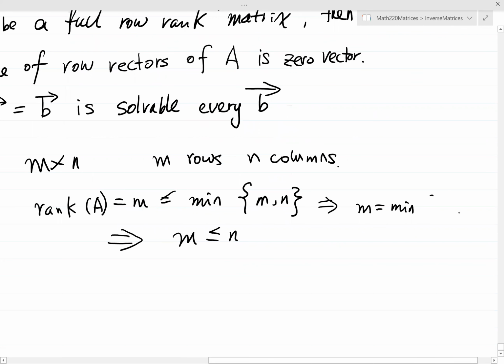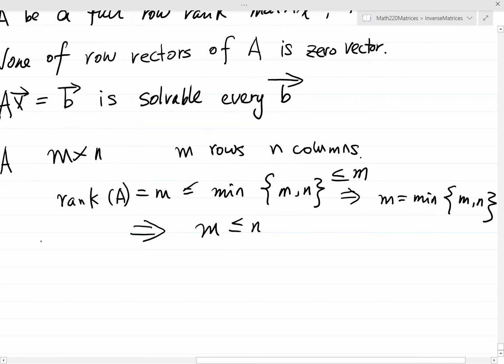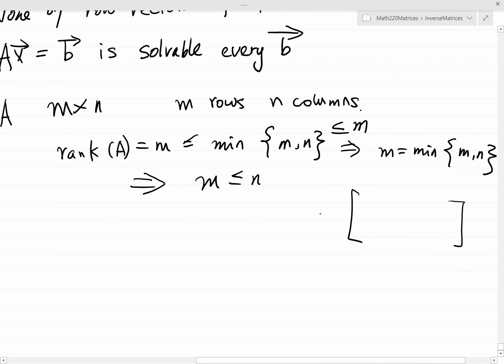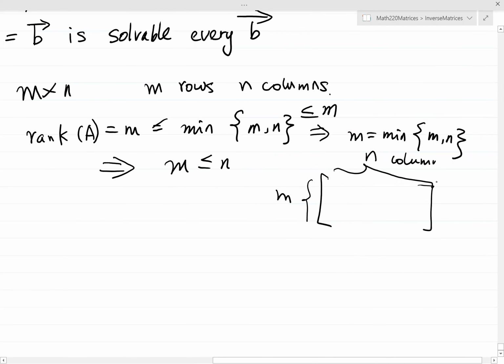So this matrix has few rows, m rows, and n columns. This matrix is actually a really fat matrix.